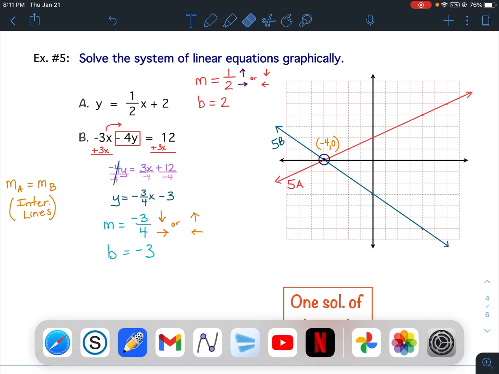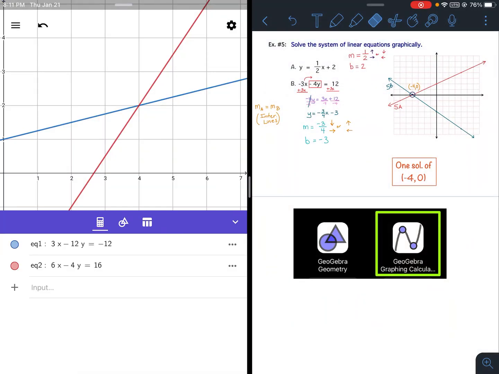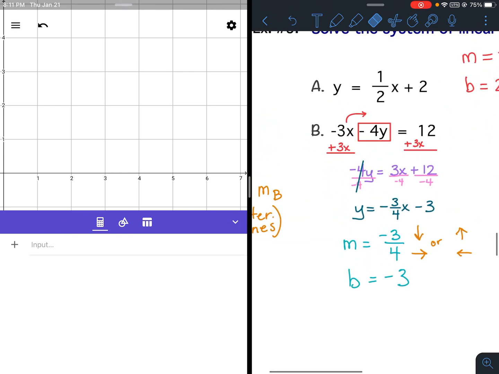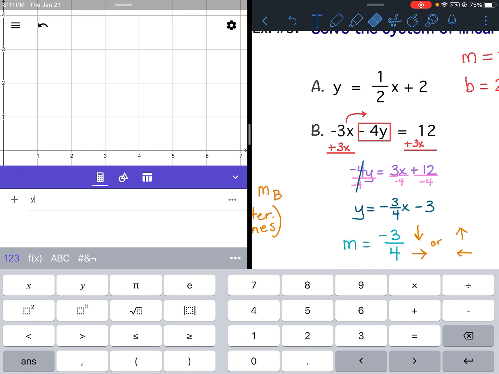All right, let's check our answers using the graphing calculator. 3 dots, hit delete. First equation, y equals 1 divided by 2, hit the over arrow, x, plus 2, hit enter.